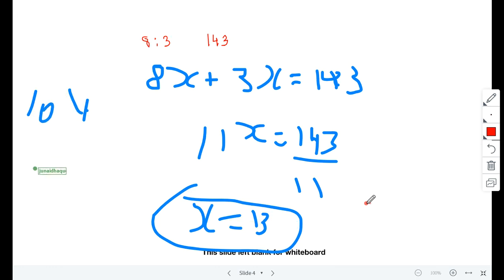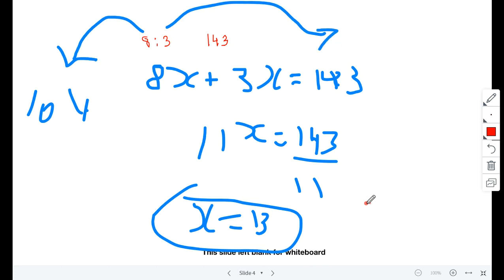Is it 104? Yes, that's correct. So this equals this. And this equals 3 times that, which is 39. Yes, that's correct. These two are correct.